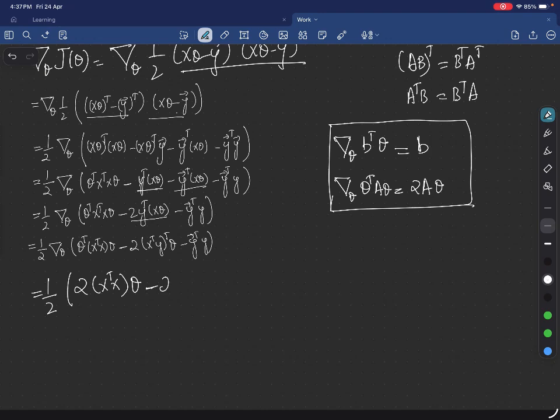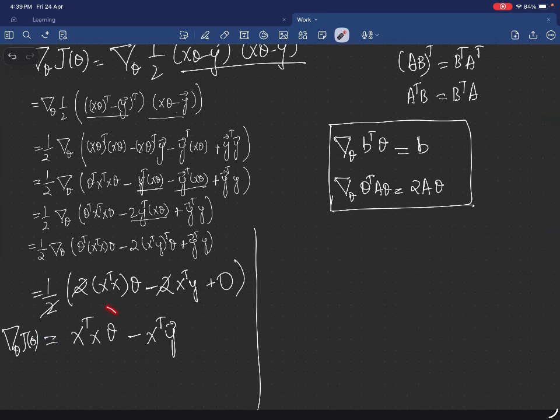Then minus twice this term, which is of the form B transpose theta, whose differential is equal to B. So here B is equal to X transpose y. This term does not have theta in it, so differentiating this term with respect to theta will be equal to 0. And this is a positive term, sorry, we forgot, this is a plus sign here. So 2 and 2 will cancel out, and this will become X transpose X theta minus X transpose y.